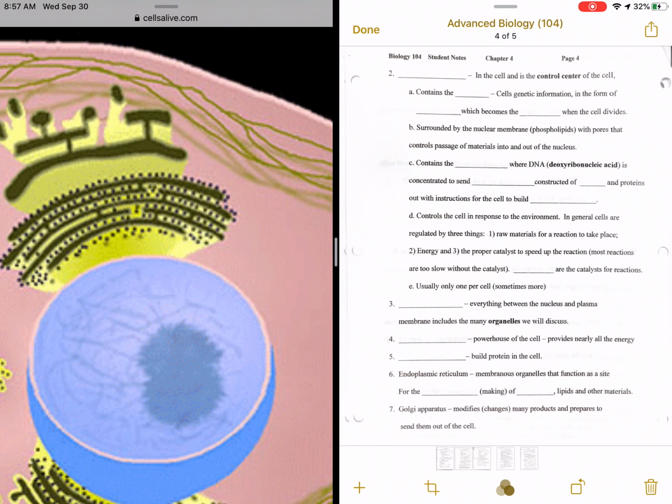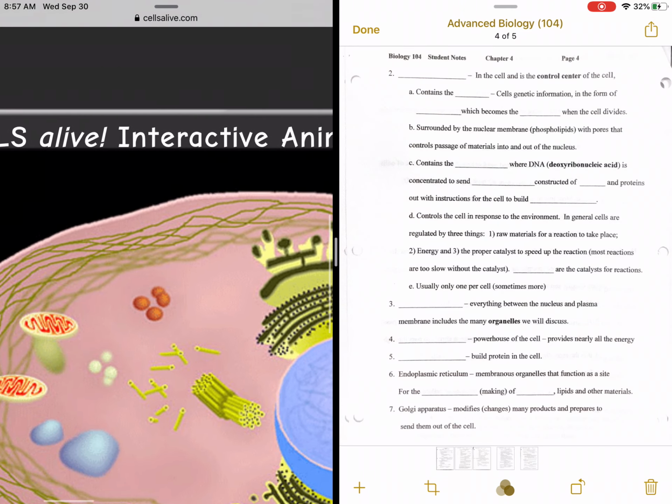So let's keep going. There's usually only one nucleus per cell. That's your last bit on your nucleus. Cytoplasm is everything between the nucleus and the plasma membrane, and includes the many organelles we will discuss. The cytoplasm isn't just jelly, it's got the cytoskeleton involved in there as well. If you watch that video, which I so hope you do, there are all these strands of stuff coming in and out and around all the organelles.